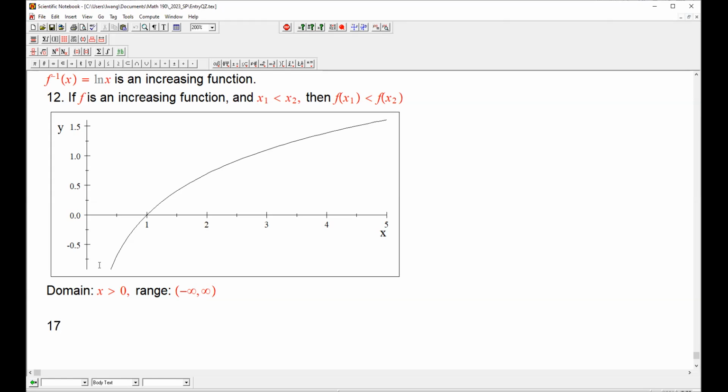Number 17 says, if x is larger than 0, then ln x, inside parentheses, raised to the power 6, equals 6 times ln x.